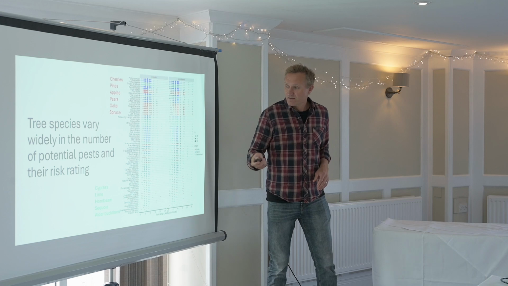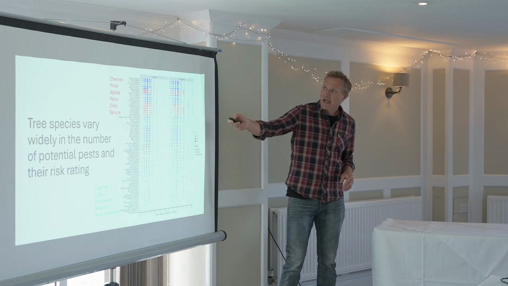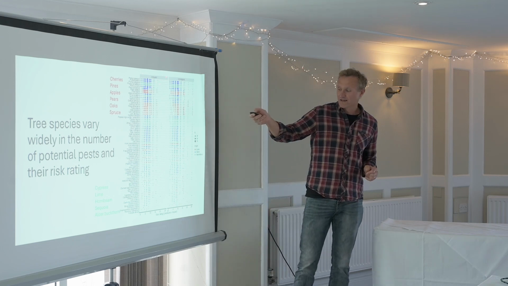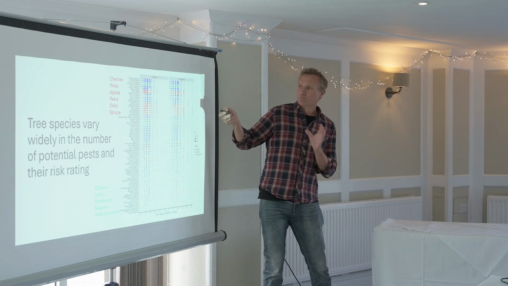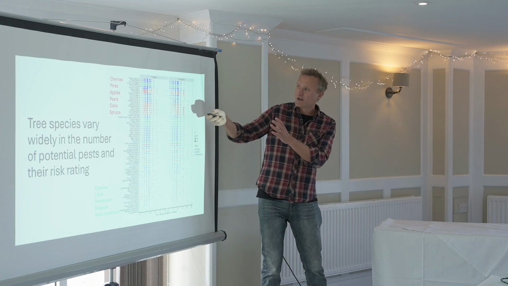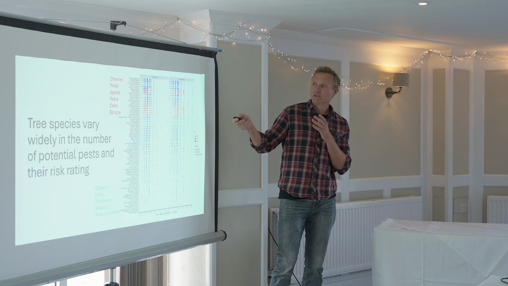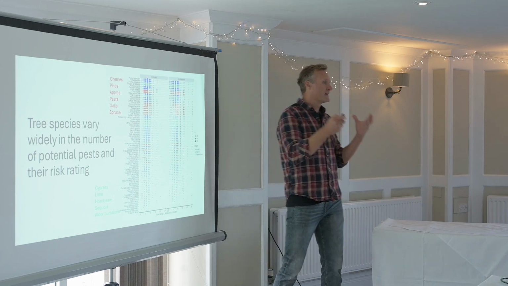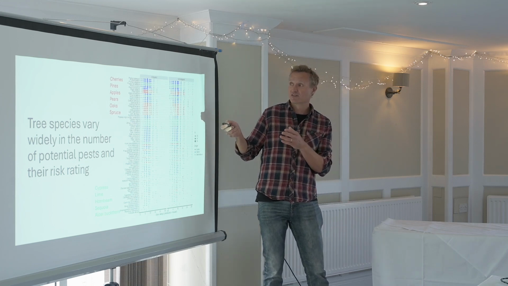Right, this shows you the 75 tree species and this risk rating, which is the likelihood times the impact. So without looking too much at the detail, the further we are to the right, the more impacted the tree species are, and the bigger the dot means the more pests and pathogens which have been given that risk score.